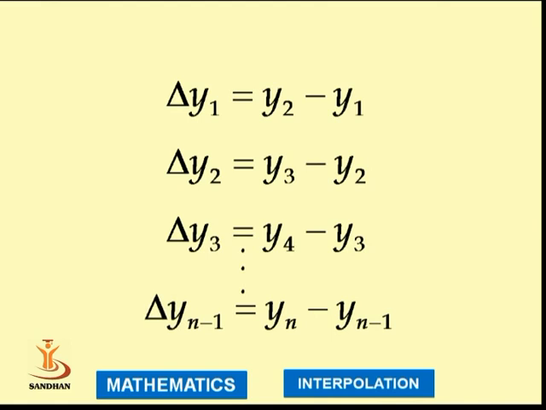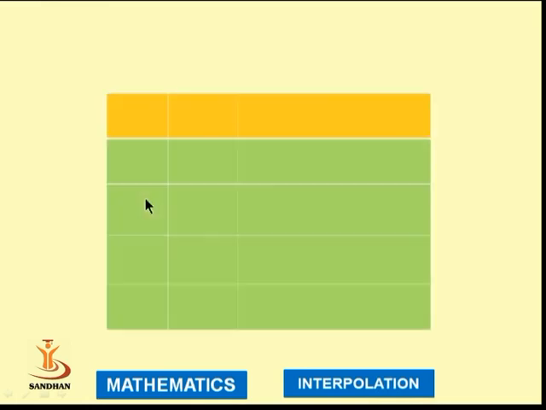Since this is a difference of corresponding values, the last difference would be 1 less than the total number of points that we take. So if we have got n points, the last one for the first order would be n minus 1. So if there are 4 points, it would be 4 minus 1, which would be 3. So it would be delta y3 rather than delta y4. So these are the first order differences.